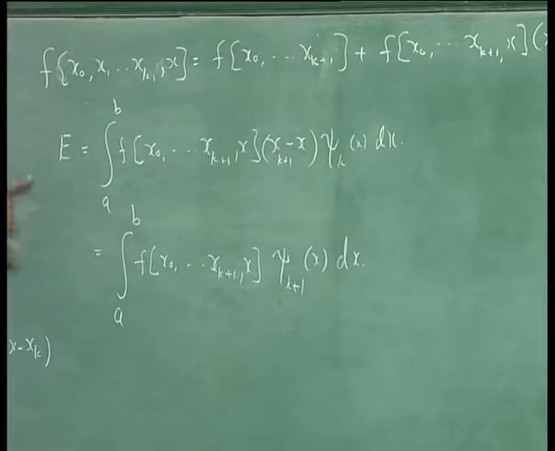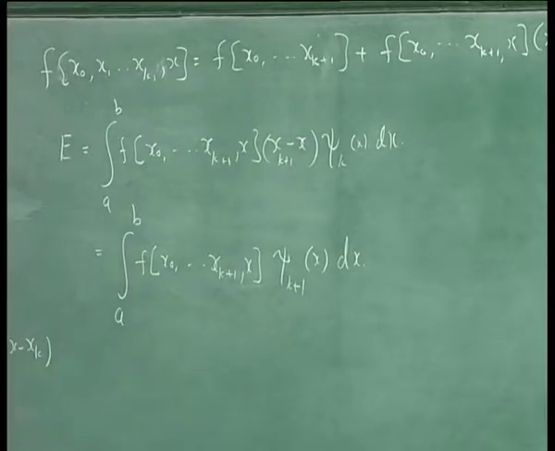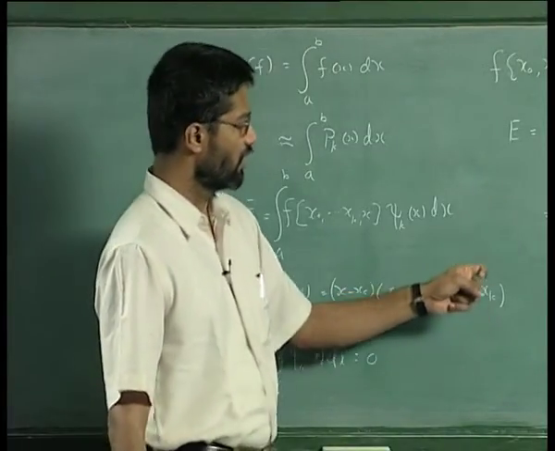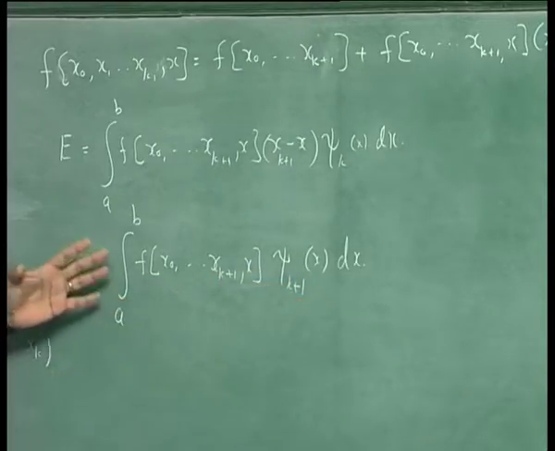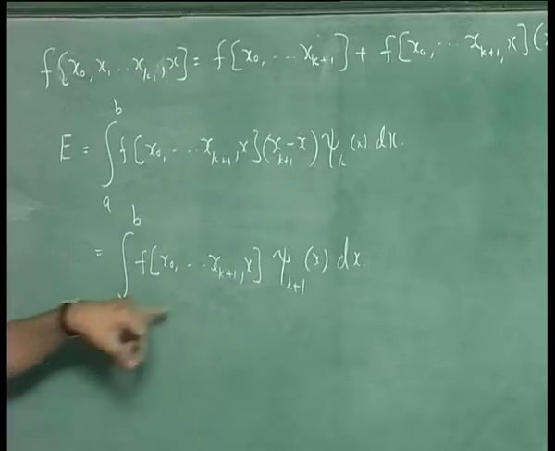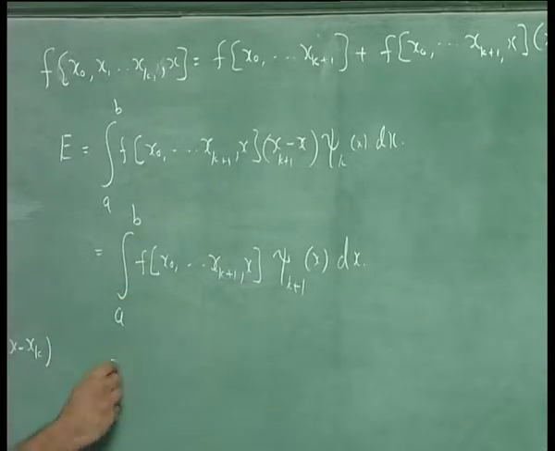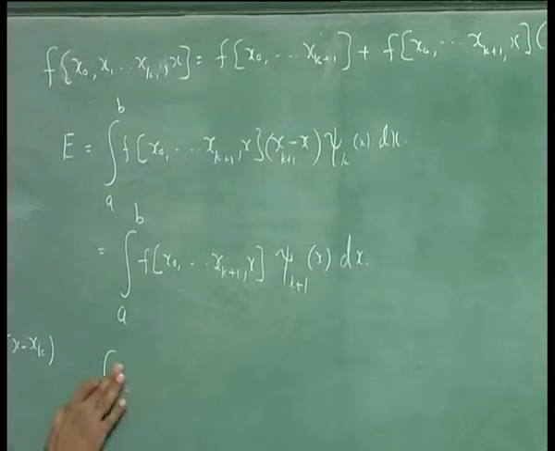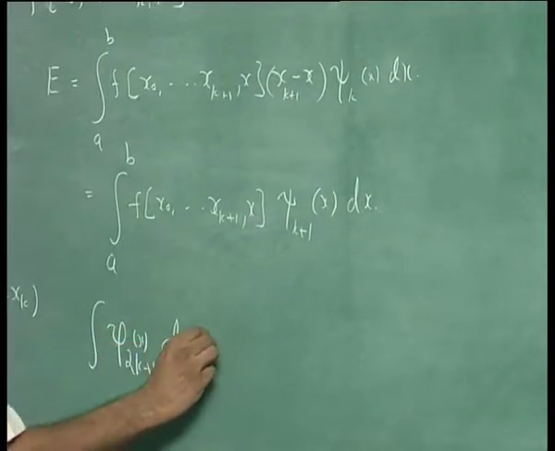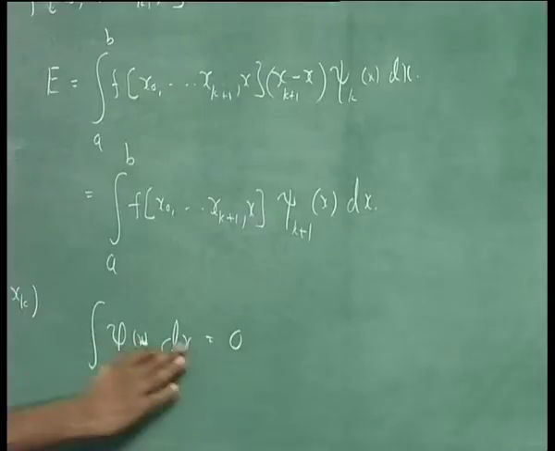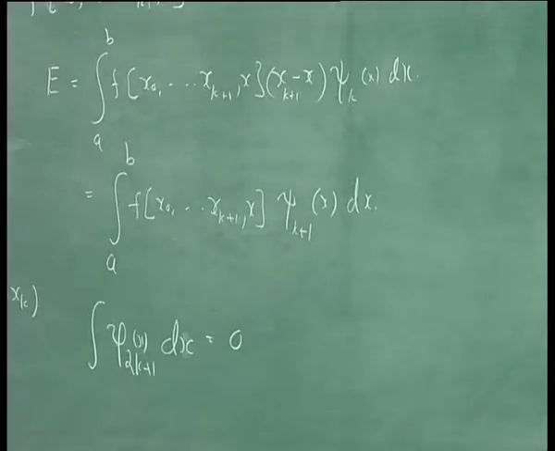By this method we can go all the way up to 2k plus 1 order in the polynomial, by choosing x 0, x 1, x k, x k plus 1, x k plus 2, etc. carefully, up to a term such that the integral of psi 2k plus 1 of x dx is equal to 0. In that case, our error would be of the order of the 2k plus 2 term in the polynomial.